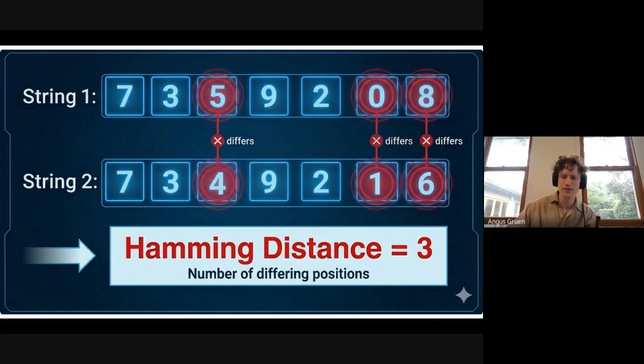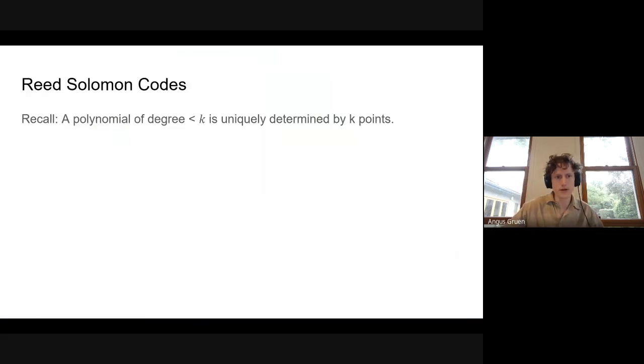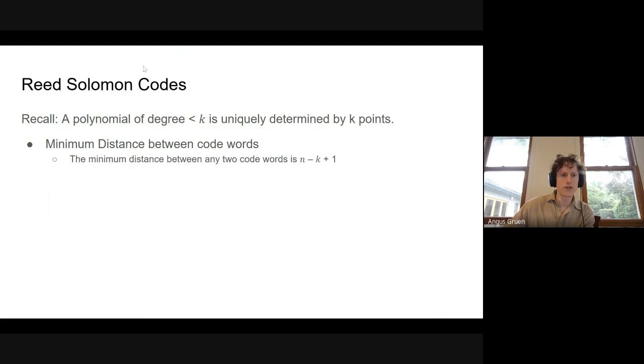And the reason the Hamming distance is very interesting is that for Reed-Solomon codes, you have these naturally very large Hamming distances. In particular, because a polynomial of degree less than k is uniquely determined by k points, there are two statements. Firstly, the minimum distance between code words is going to be n minus k plus 1.